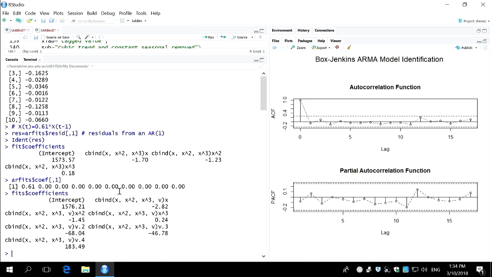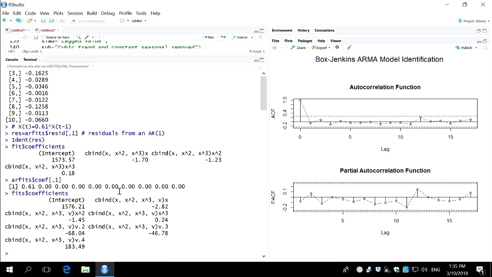Alcohol at time t equals 1576 times, that's the intercept, minus 2.82 times time minus 1982, right? Minus 1.45 times time minus 1982 squared, plus 0.24 times time minus 1982 cubed. That's the cubic trend, okay? Minus 68 times an indicator that you're in winter.